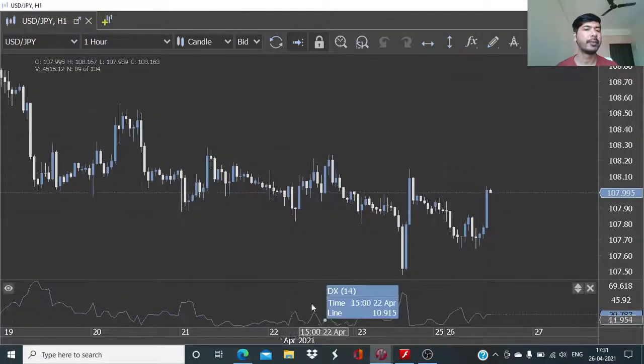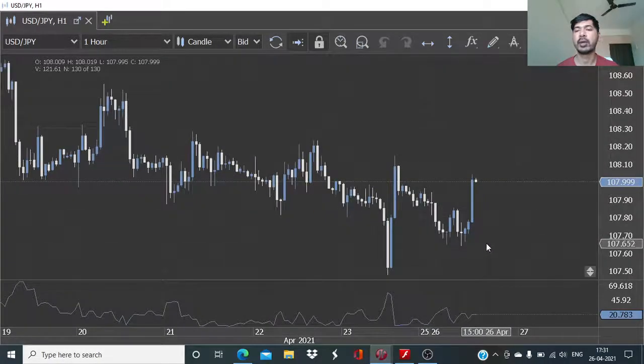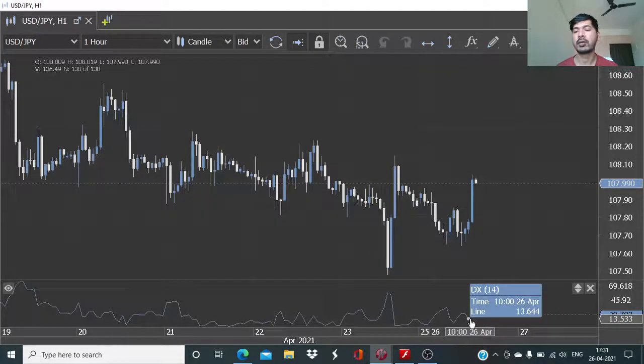Prior to explaining on the Visual JForex board, here I will give you a brief idea how we are going to design and implement this buy order. So we want there should be enough momentum on the buy side, and for that we will be taking into consideration the price action along with this DX value.